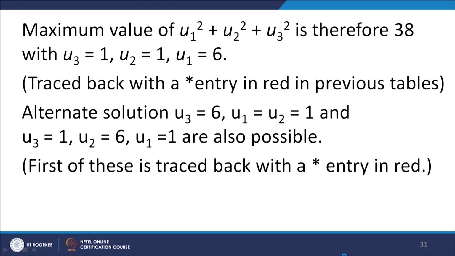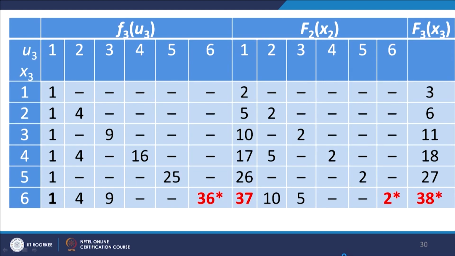So, the maximum value of u1 squared plus u2 squared plus u3 squared is 38, which is given by the values u3 is equal to 1, u2 is equal to 1 and u1 is equal to 6. And where does this 38 come from? So, this is the 38. Let us look at it by tracing back.